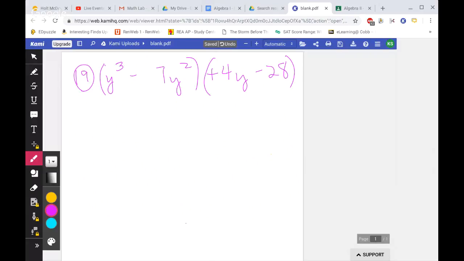So you group 2. And now in that first grouping that I have on the screen, the y cubed minus 7y squared, what does this have in common? Y squared. Correct. So I'm going to pull that out. And then what do I have left? Y minus 7.